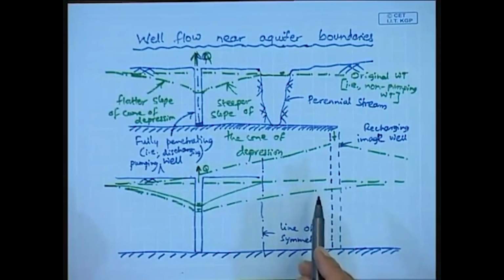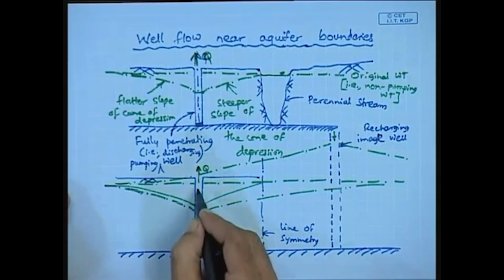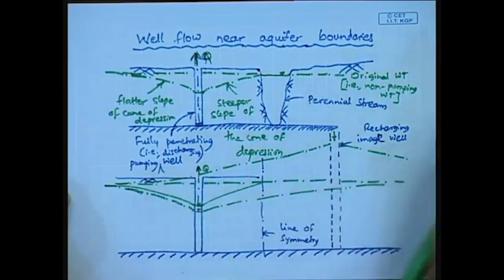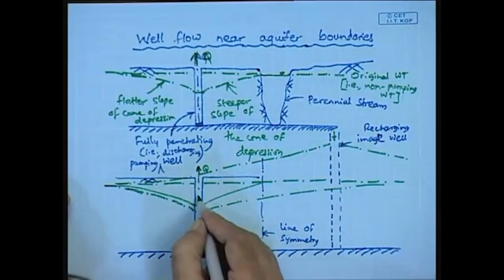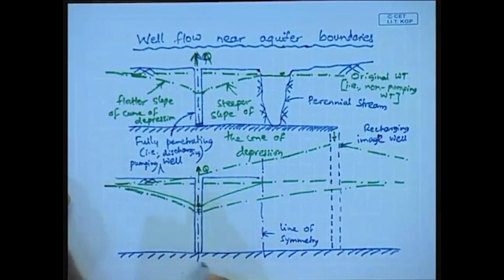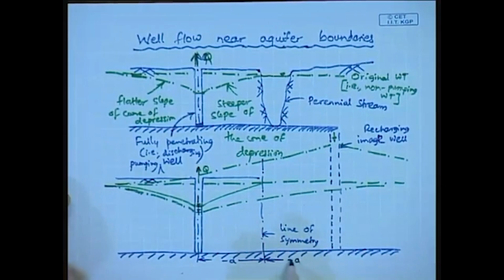And here these distances are, say, if this distance is minus a, minus representing that it is to the left of the line of symmetry, and this will be plus a.